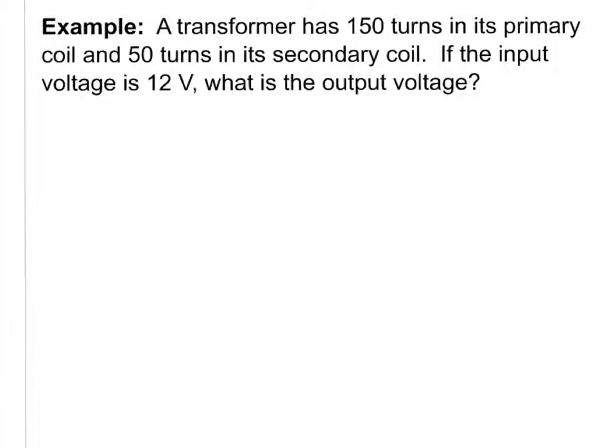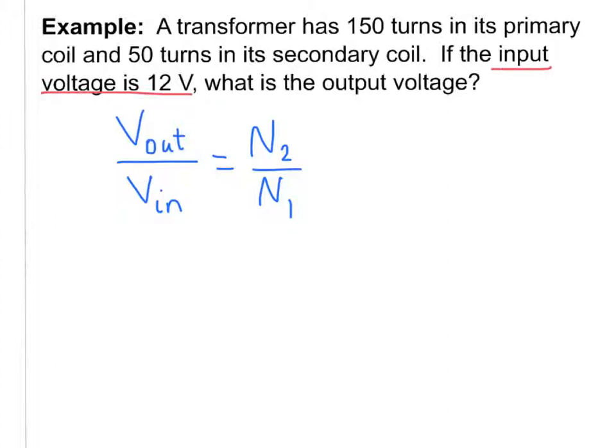So let's write down our formula and look at what we know and see what we can substitute into our formula. Here's our formula. The voltage out divided by the voltage in equals the number of turns on the second coil divided by the number of turns on the first coil. And we are given the input voltage is 12 volts. I'm going to write that here, 12 volts for the input voltage.